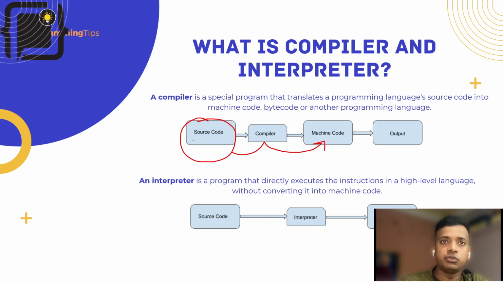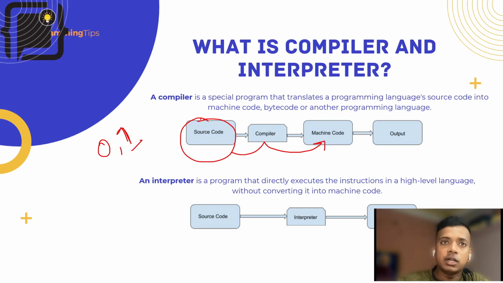As we all know, a computer knows only 0 and 1, that means the binary language. So it is very difficult for us to write all the programs in zeros and ones. So what we do is write the program in, suppose, the English language. This is a high level language, English. The computer doesn't know the English language, it only knows 0 and 1.